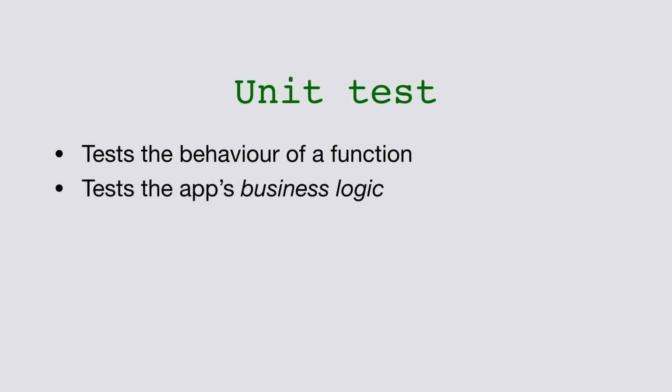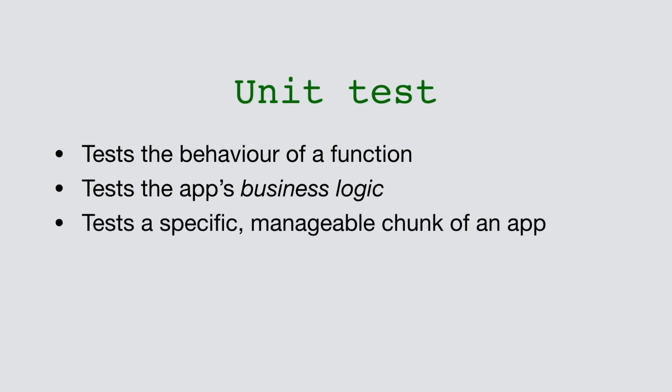Another thing is that our unit tests are really good to test the business logic of our app. So if we have this function, this is something that's specific for our business logic because we want to be able to test that we get the right value before we display it in our UI. And with that, we can test specific manageable chunks of our app.